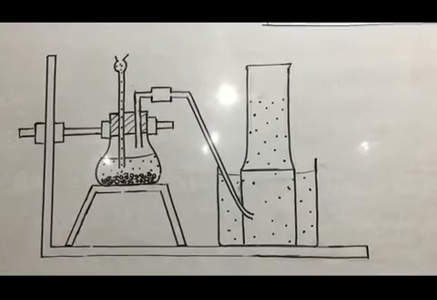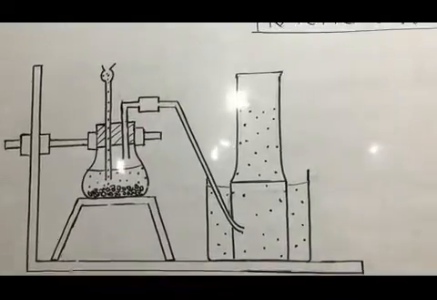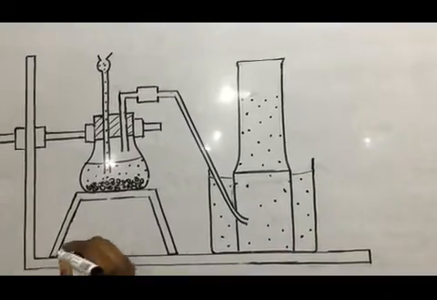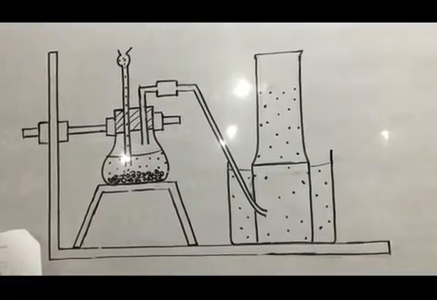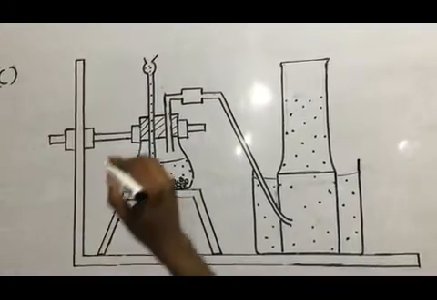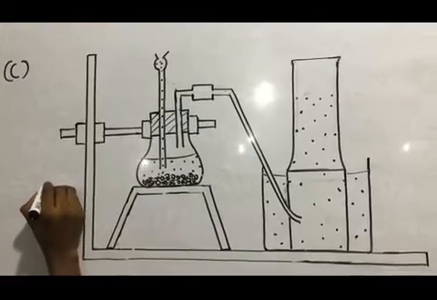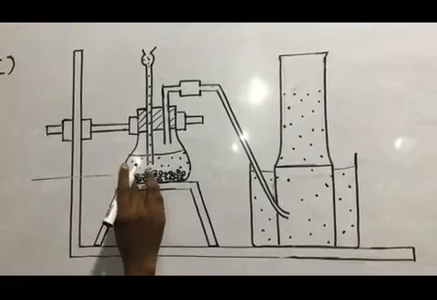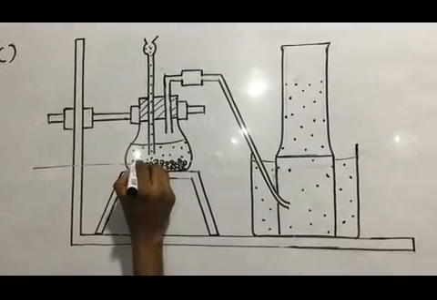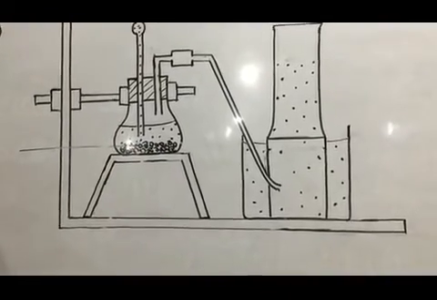Okay, so this is a diagram of the setup. So you label this as your, so say hydrochloric acid, and then this is your calcium carbonate. So calcium carbonate.